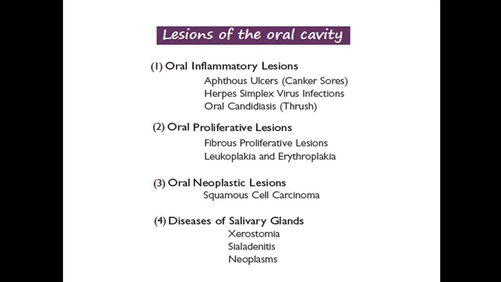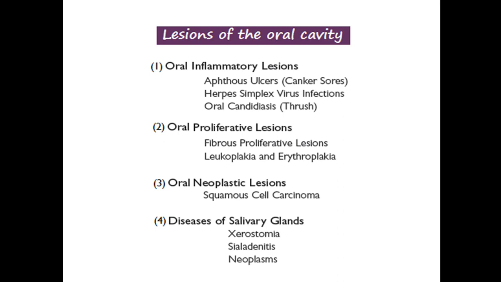But something important to remember about these three conditions which make the oral inflammatory lesions: the Aphthous ulcers are the result of an autoimmune reaction, right? Now the herpes simplex is a virus, and this condition is caused by infection by the herpes simplex virus.